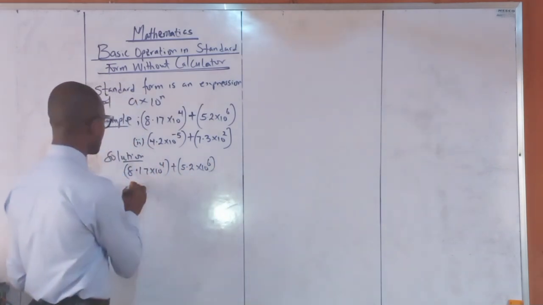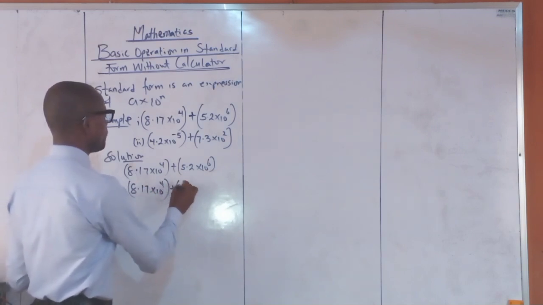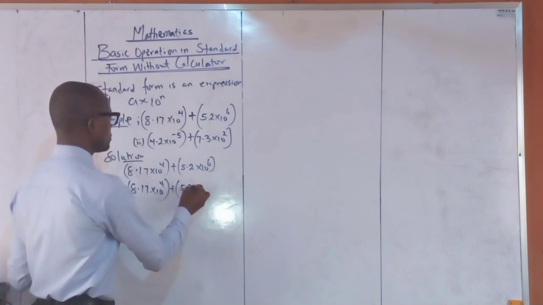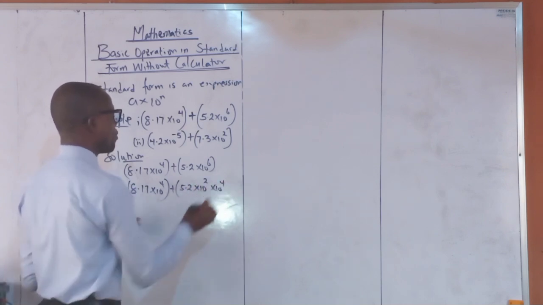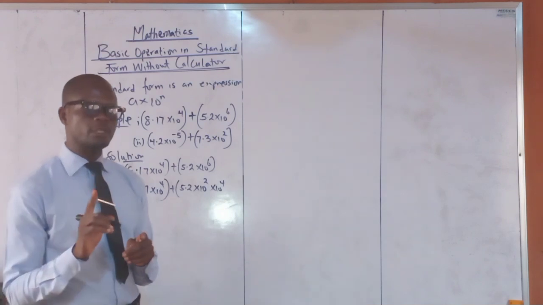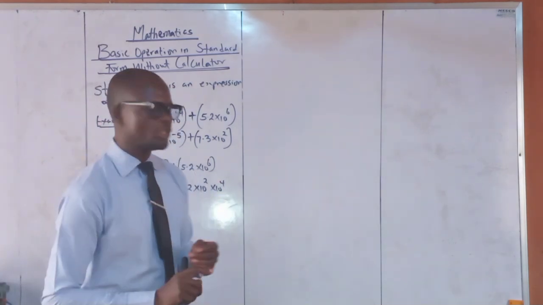So that will give us 8.17 times 10 to the power of 4 plus 5.2 times 10 to the power of 2 times 10 to the power of 4. Don't forget, in the law of indices, under multiplication, when you have a common base, you add the power.